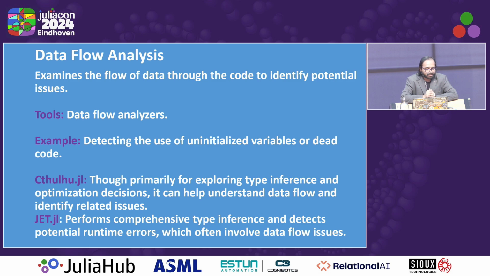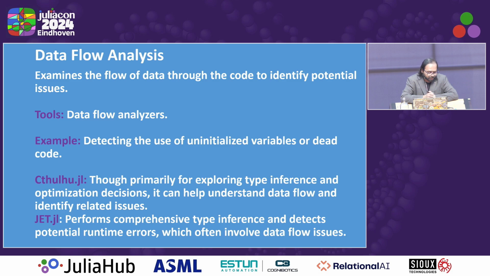Then the next one is data flow analysis. Here you examine the flow of data through the code to identify potential issues. You need data flow analyzers here, and an example can be detecting the use of uninitialized variables or dead code.